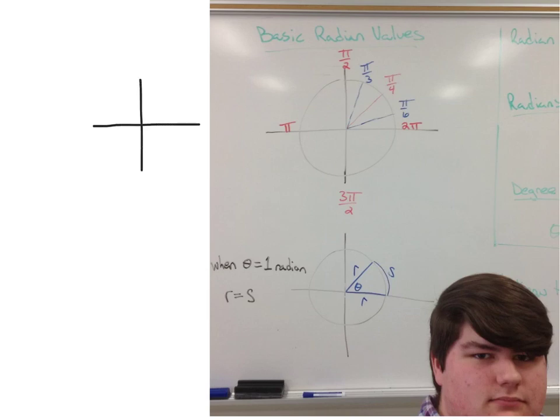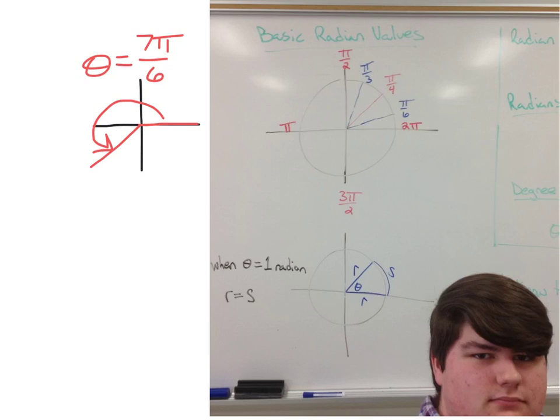All right, so 16, right? We got this going on. And we go around, and we're told that theta is 7 pi over 6. Okay, so it's the same idea as what we started with at the beginning.